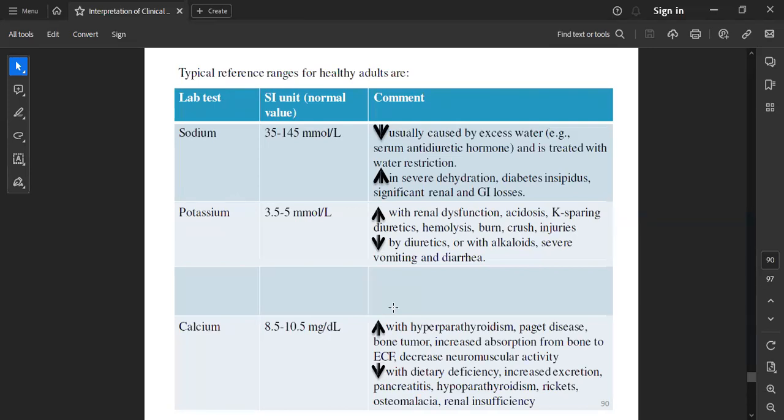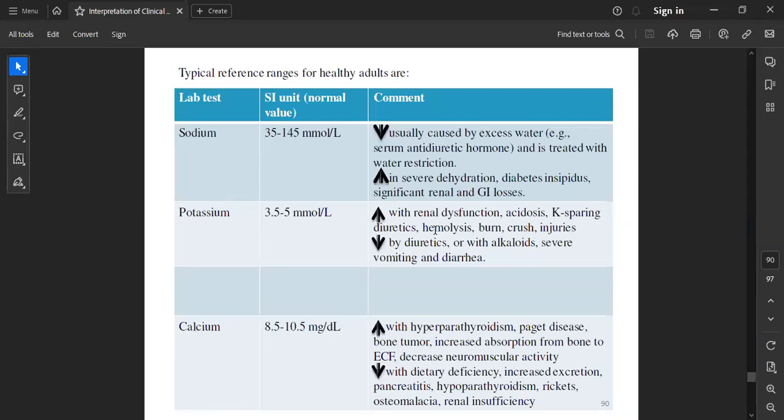So if there is a lot of cell destruction, like in hemolysis, burns, or injuries that damage cells and release their intracellular components, the potassium value will go high. And potassium has a narrow margin for allowing change, so it's quite dangerous because it affects the heart.